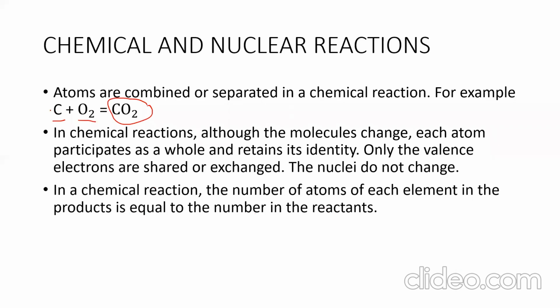Here there is one carbon and one oxygen, and in the product also there is one carbon and one oxygen. The number of atoms on each side of the equation is the same. That cannot be changed.